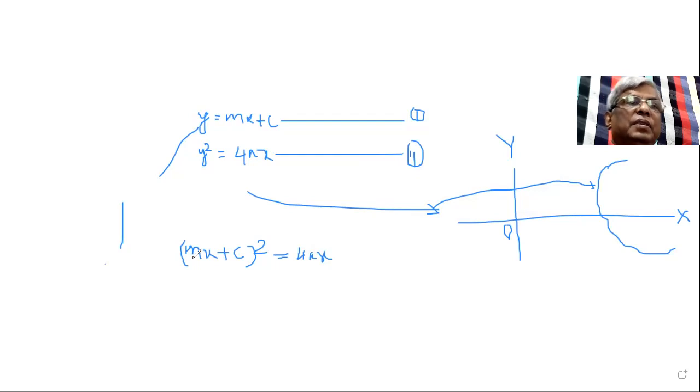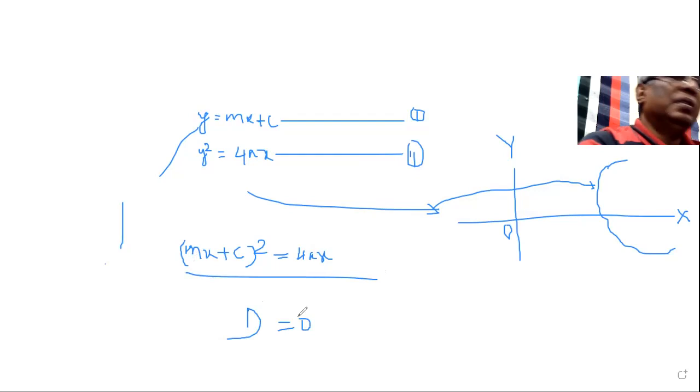Means you have to convert this result into a quadratic equation and then find the discriminant D, and after that you have to equate it to 0. Then finally you will be finding the value of what?